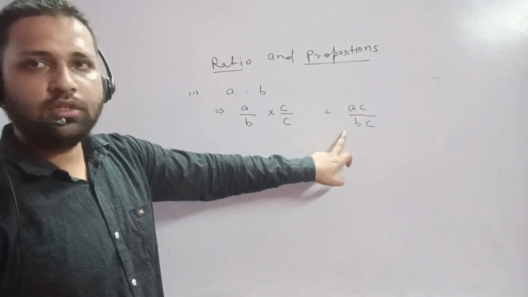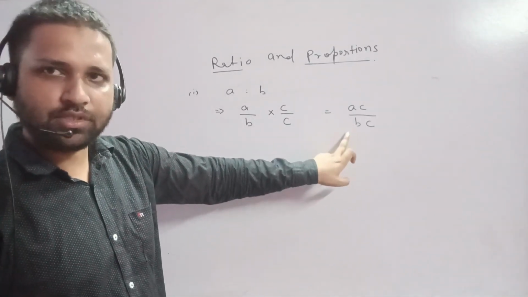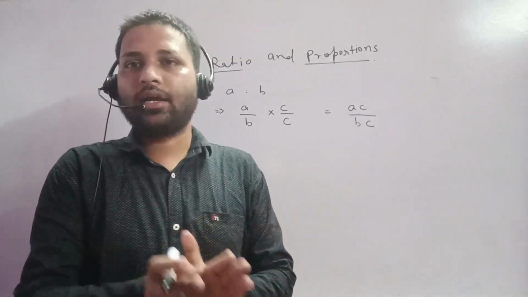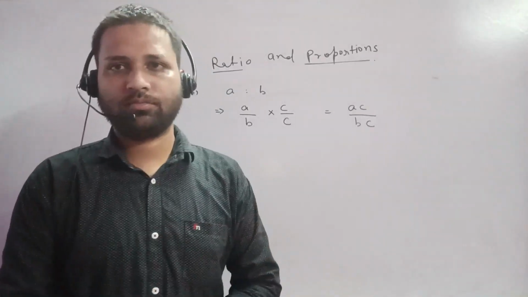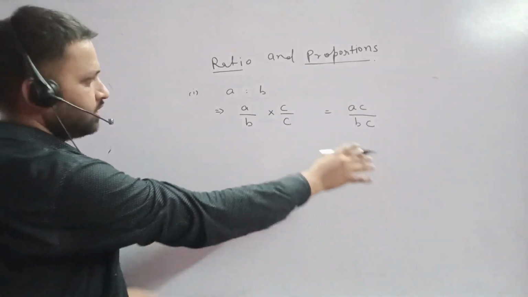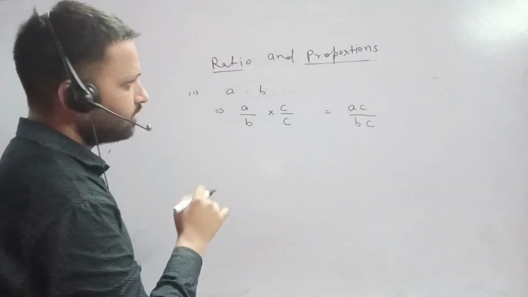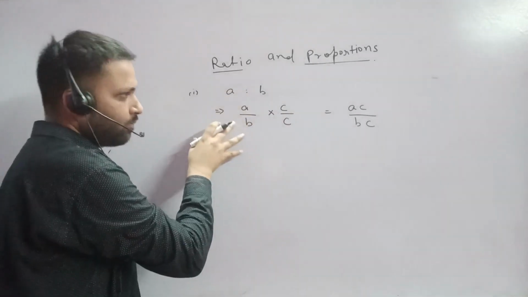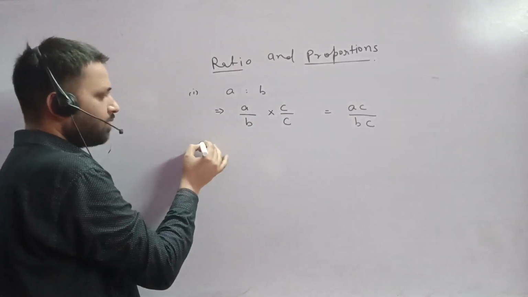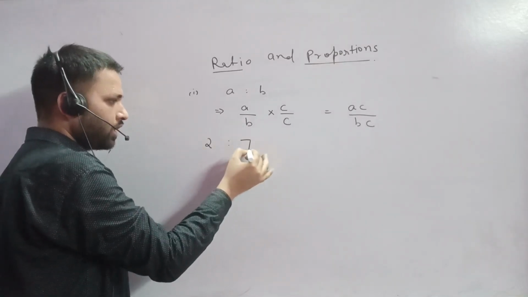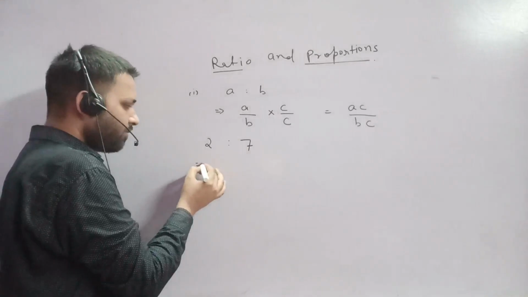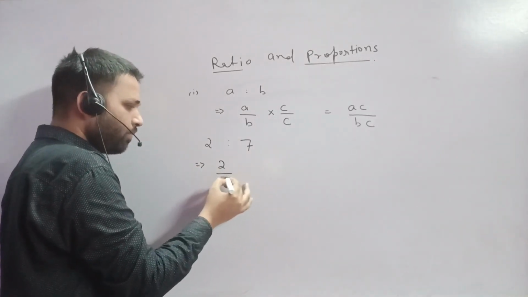Then the value of AC by BC, the value of the original ratio, cannot be changed. Now how is it not changed? We are going to verify that property by an example. If we take an example 2:7, that is a lesser than type ratio, then 2:7 is written as 2 by 7.